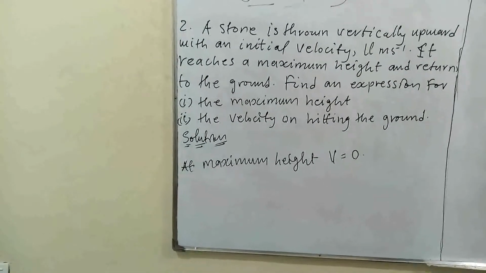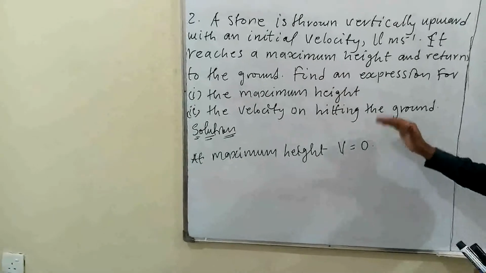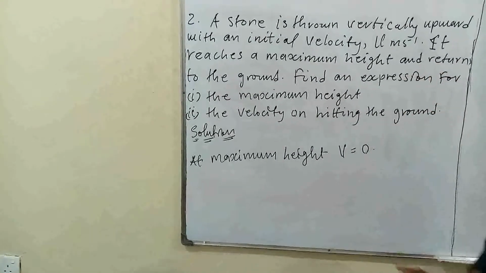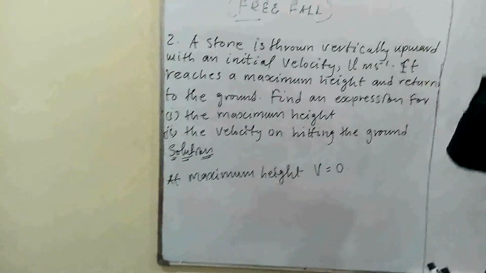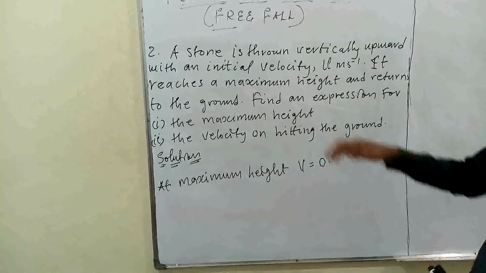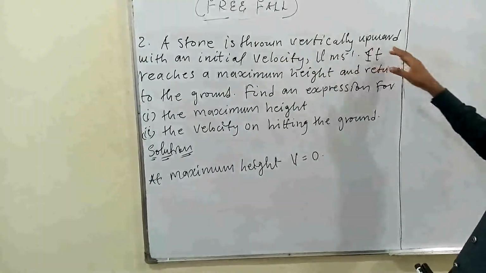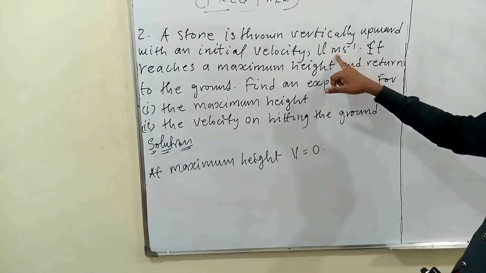Look at it again. Initial velocity is the velocity the object has immediately the motion is set up. A stone is thrown vertically upward with an initial velocity, which is given on the board.